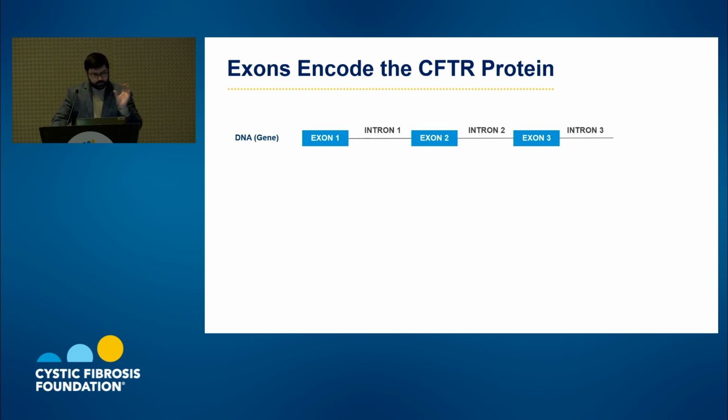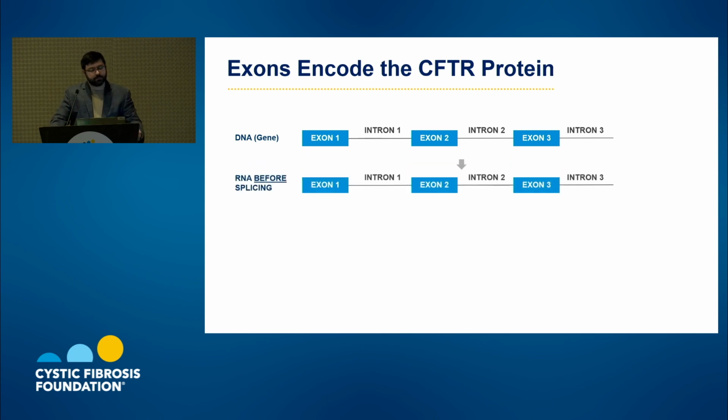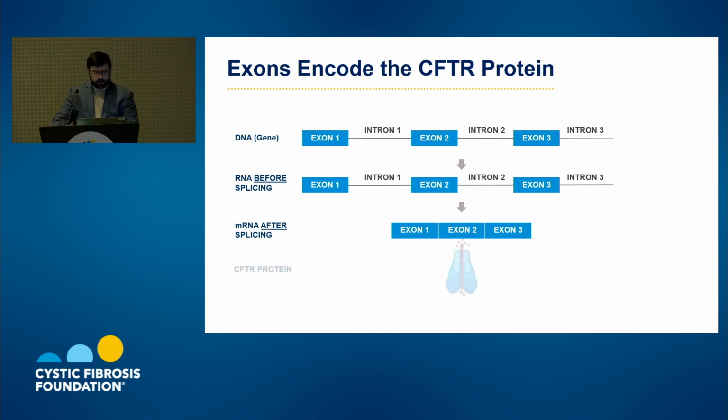So your DNA is basically interspaced with these introns. When that gets made into RNA, it looks essentially exactly the same. But this RNA is then processed by the cells, and it removes all of the introns, so you're left with the exons at the end of the day. And the exons are what make the protein. So they undergo translation, and you get your functional protein at the end of the day.